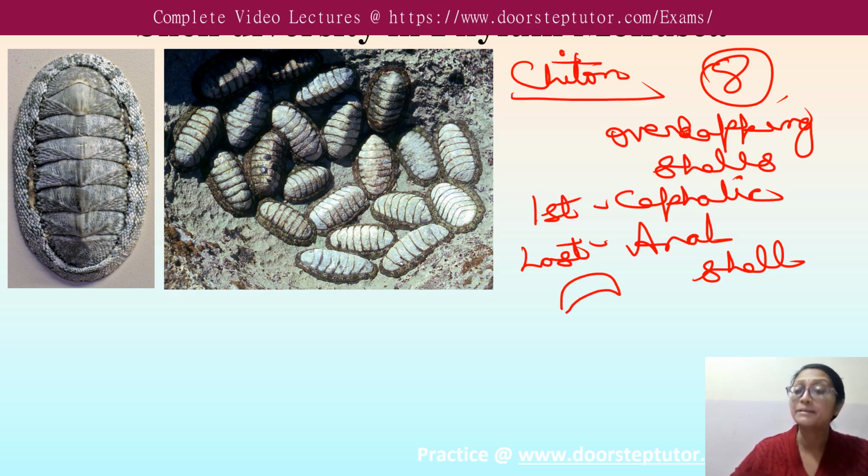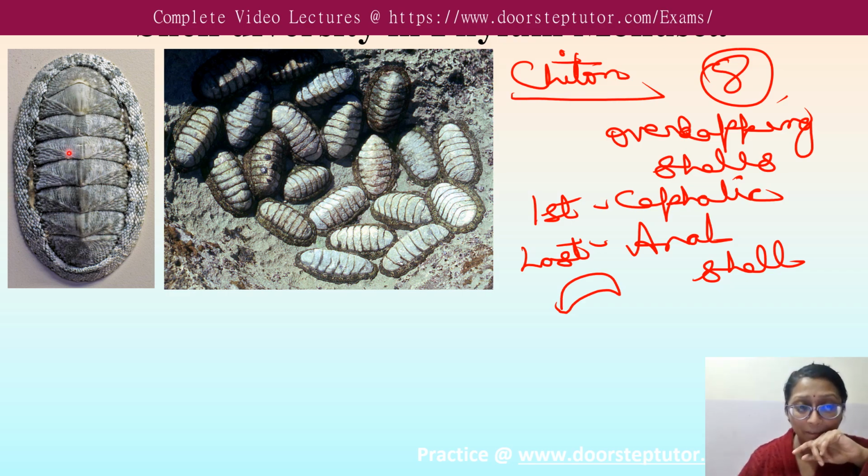They are hemispherical. If you see the diagram on the left hand side, the first one is the cephalic, the eighth one is the anal. They are hemispherical in shape, a half sphere. Whereas the second, third, fourth, fifth, sixth and seventh are rectangular in shape, and they are keeled too.